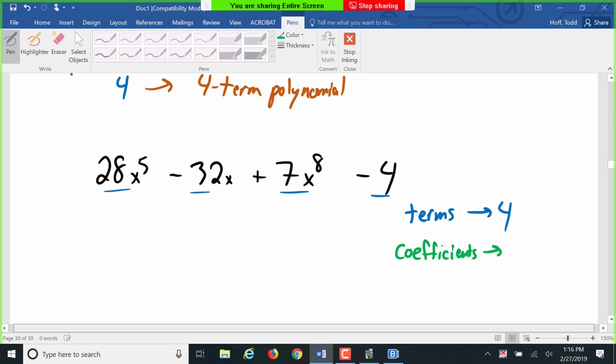What are its coefficients? 28, negative 32, 7, and negative 4. Very good.